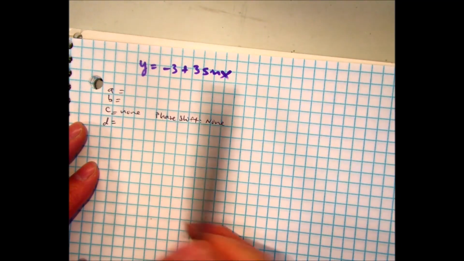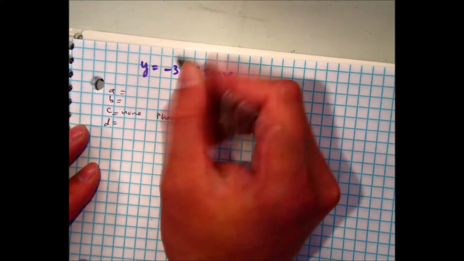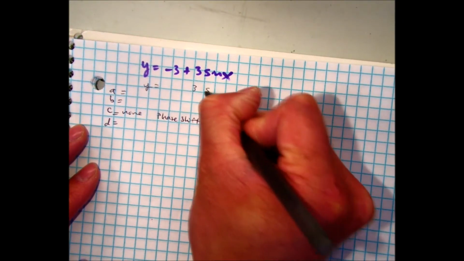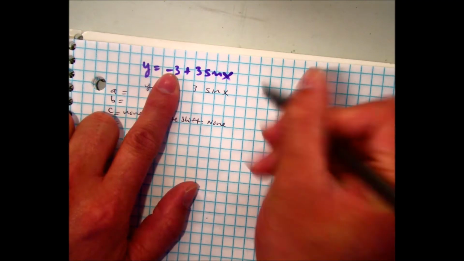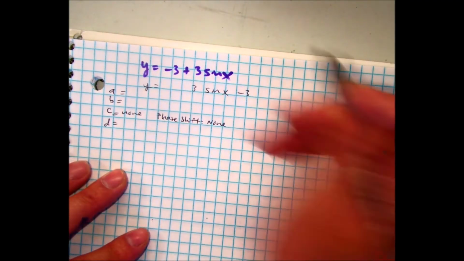Now, if you're confused about the A, B, C's, and D values, you can always rewrite it this way. I'm putting the -3 in the back, and then you can write the letters above it.